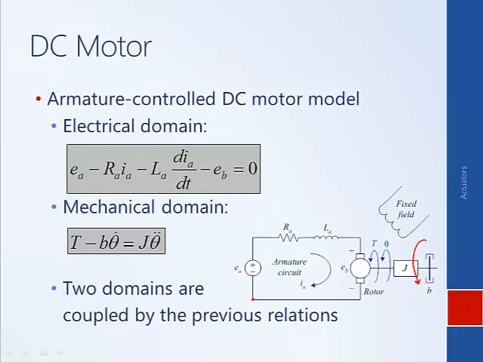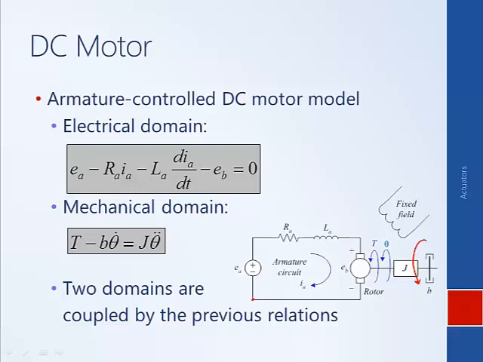In this class, when we have to model electromechanical systems, I will expect you to be able to generate the equations for the electrical domain and the mechanical domain using the approaches we've learned previously. However, the electromagnetic induction relationships I will give you.